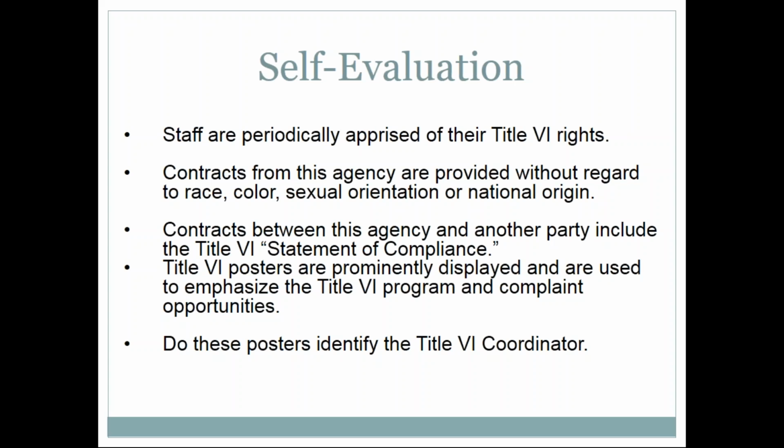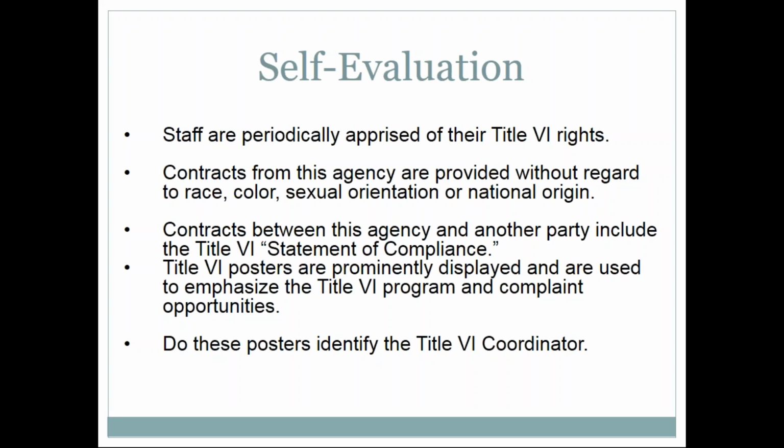There is also training available online through the state, through, I believe, OCJP, and all kinds of videos about Title VI that you can find to help train your staff. But you should be thoughtful about making sure that not just new employees, but all employees are regularly trained about this issue.